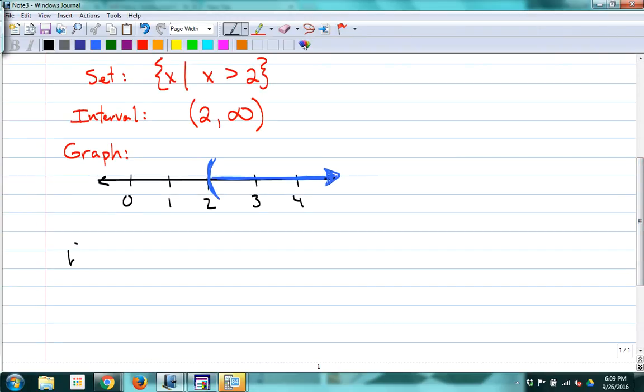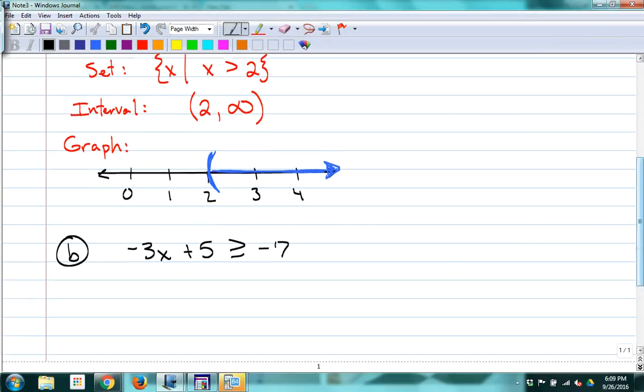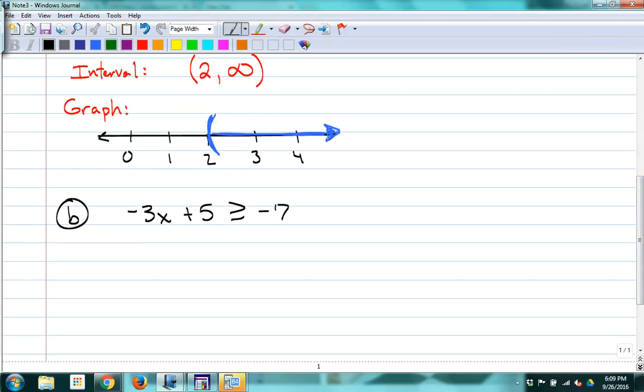Out of that, let's look at example B. Let's say we had something like negative 3x plus 5 is greater than or equal to negative 7. Let's get x by itself. Subtract 5. And there's negative 3x is greater than or equal to negative 12.